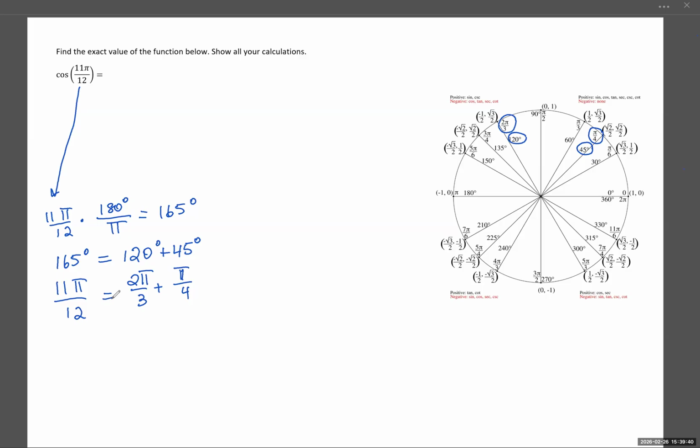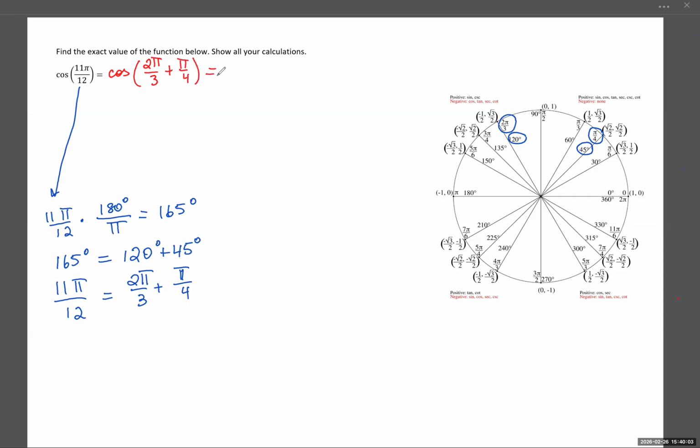Now that we know how to break it up, we can use the sum identity for cosine to actually rewrite the original statement. So cosine of 11 pi over 12 will become cosine of 2 pi over 3 plus pi over 4.